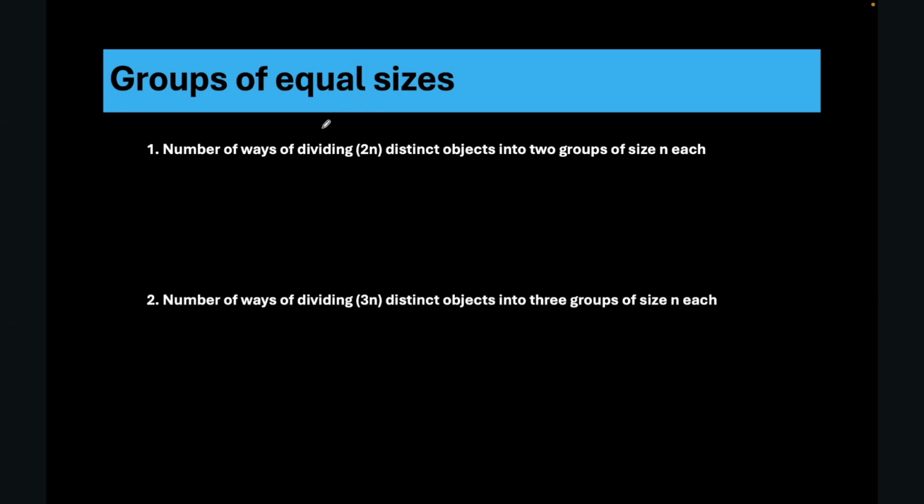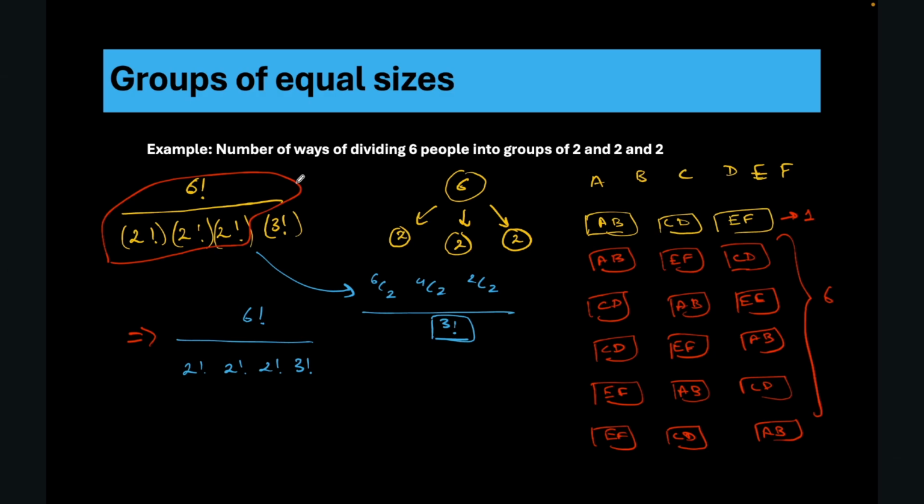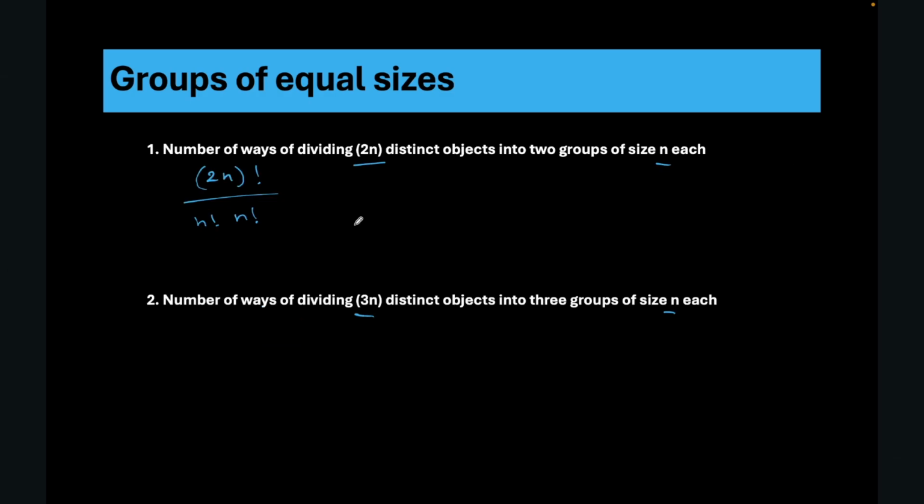Now, again, if you have understood the last 2 examples of how we did the groupings, you really don't need to understand this. It's just another way of formulating, creating a formula of what we just did. So it's just 2n whole factorial by n times n, and then dividing by 2 factorial, like this.